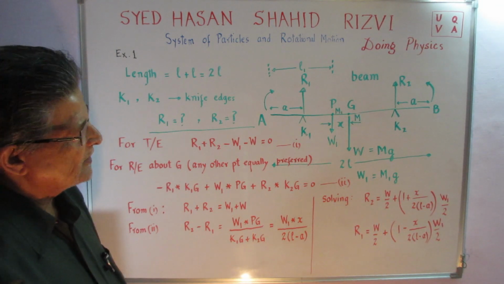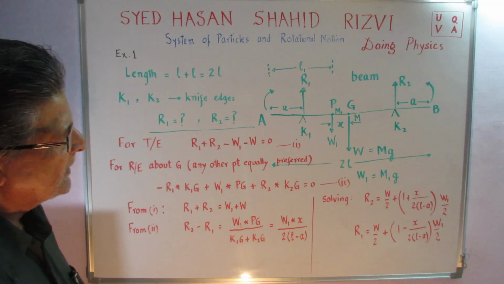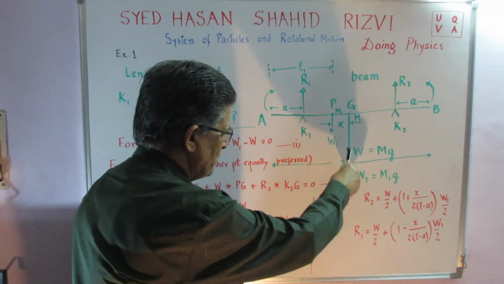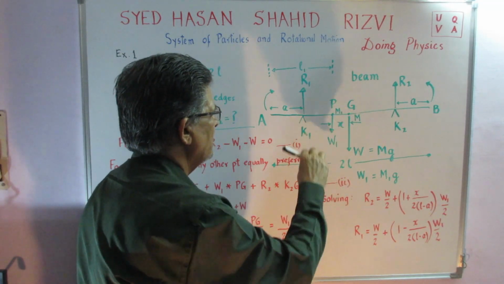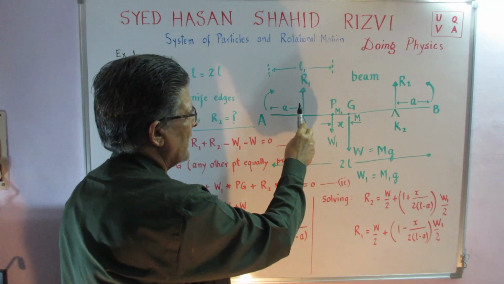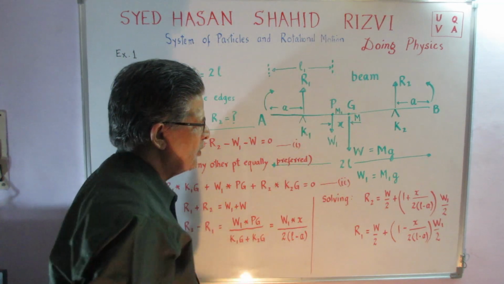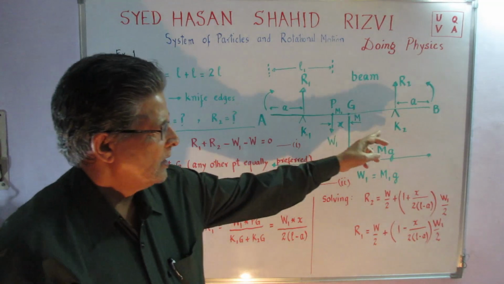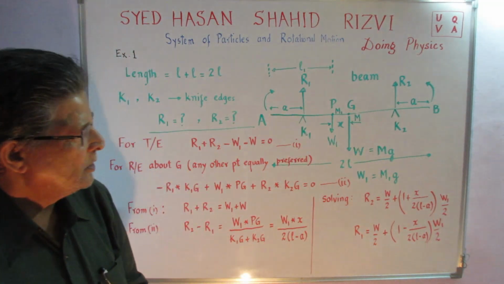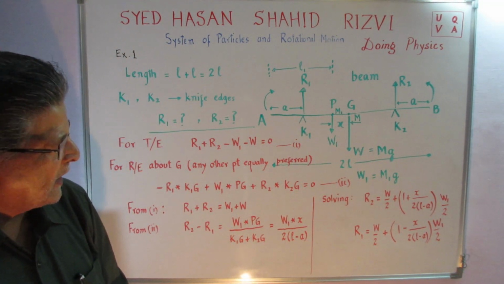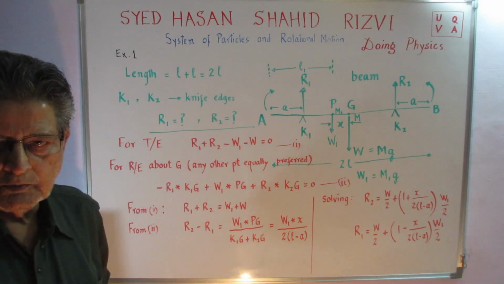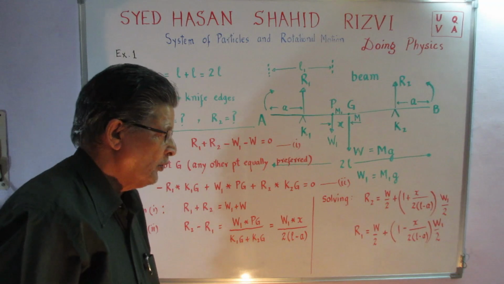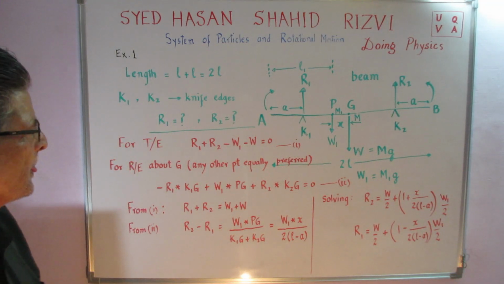For translational equilibrium, you can see that there are two weights, two forces in the downward direction, and two forces acting at the knife edges, which act as two points on the beam. Let us see how we are going to proceed.